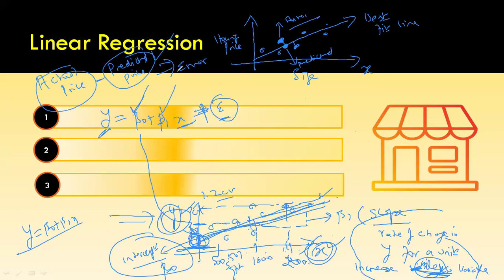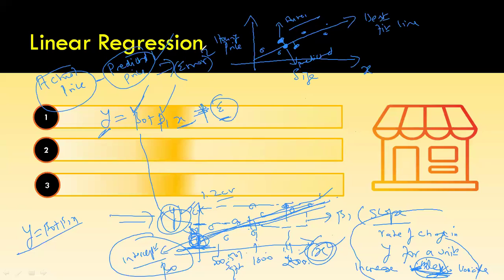The error can be negative also, not necessarily positive. But to prevent subtracting the negative value from the positive value of your error, we are squaring that value, so that we will get to know the magnitude of the error.